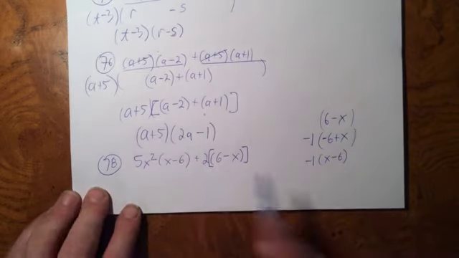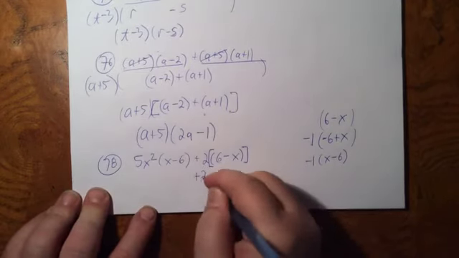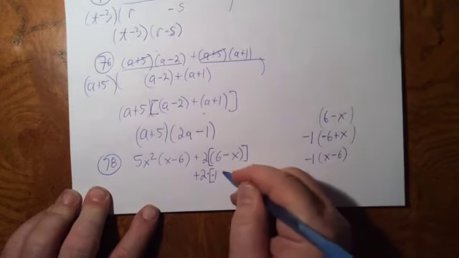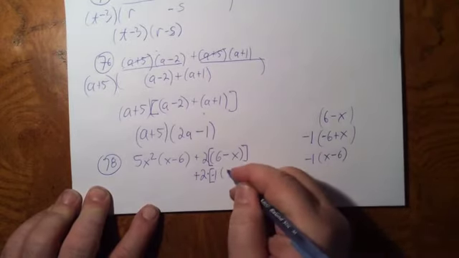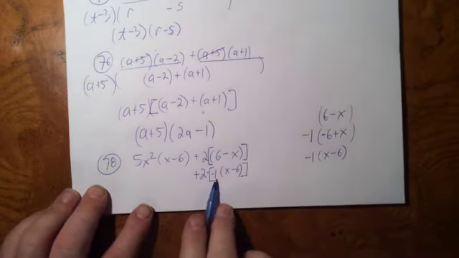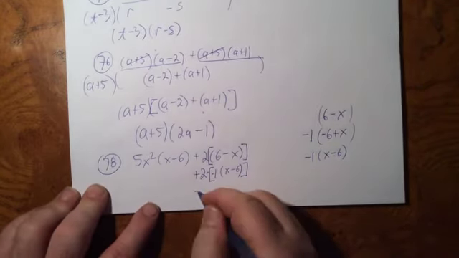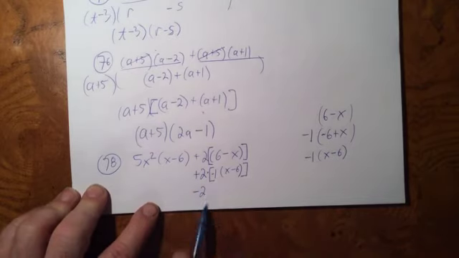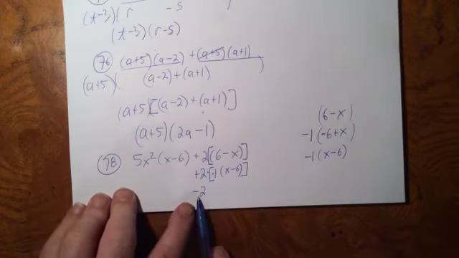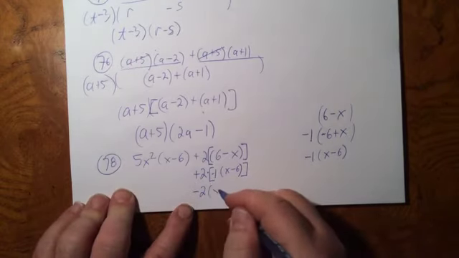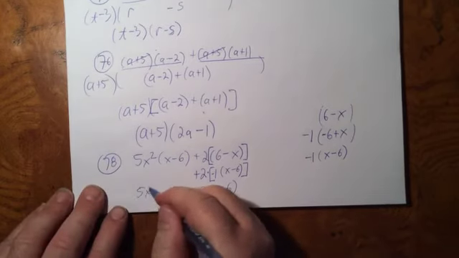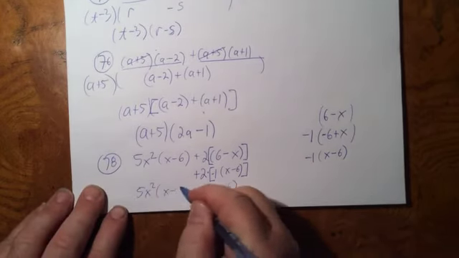So we're going to come back with this here: 2 times negative 1 times (x minus 6). And I'm going to take this 2 times negative 1 and make this negative 2. So by multiplying them together, I get negative 2, and that's going to be negative 2 times (x minus 6). And this is going to be 5x squared times (x minus 6).